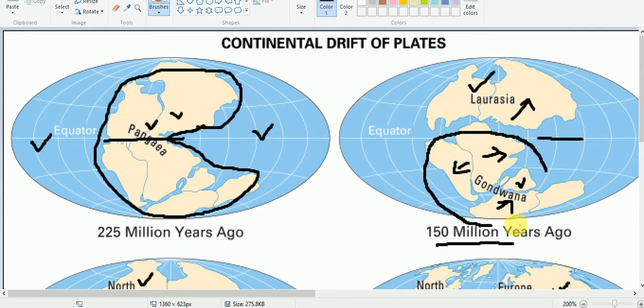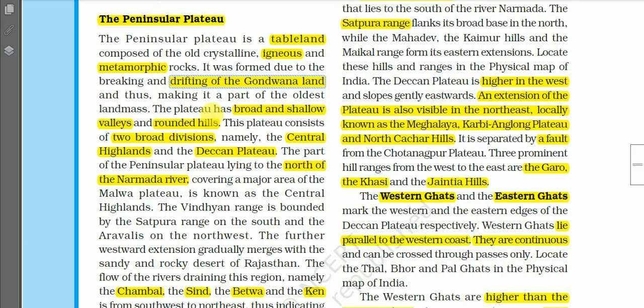So this part was Gondwana land, and India is here. The Indian peninsula is a part of the Gondwana land, thus forming one of the oldest land masses in the world. So in this way the Peninsular Plateau was formed.